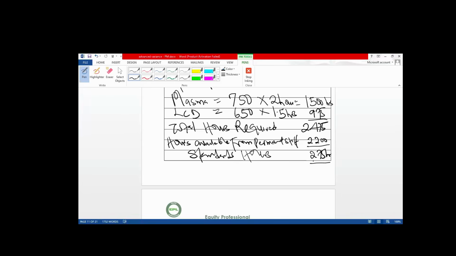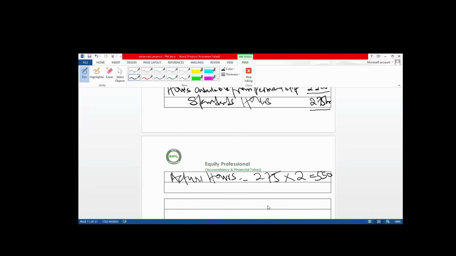The examiner says temporary staff take twice as many hours as permanent staff. Look at the 550. They spend twice the hours. 275 standard hours, because they are not experienced, they are going to use 550 hours.